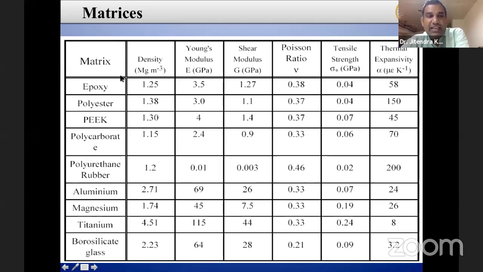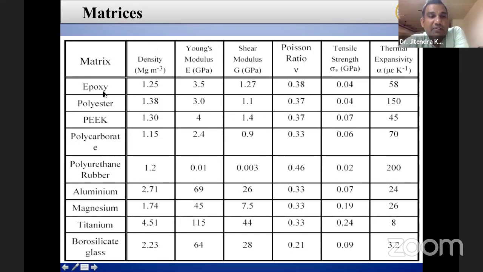Mostly in the polymer case, we are focusing on epoxy based, or sometimes on polyester. Polyester also has good thermal expansibility, this 150, and density and other things are also good. PEEK is also used, but not by application.